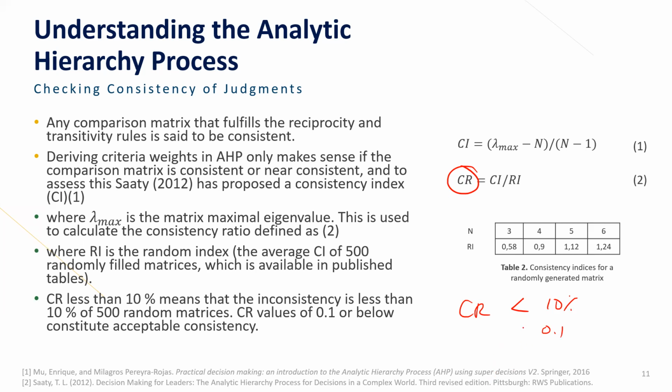If it is less than 0.1, you can say that it constitutes acceptable consistency. But if not, you may need to tweak, or you may need to ask the judge or the expert that provided the judgment about their answer or consistency again.